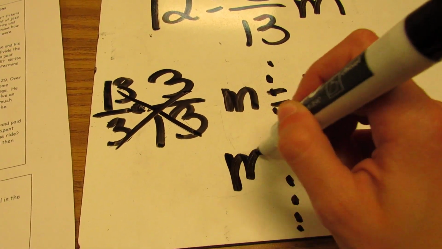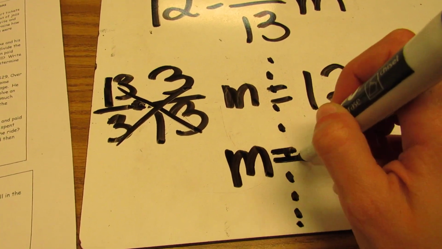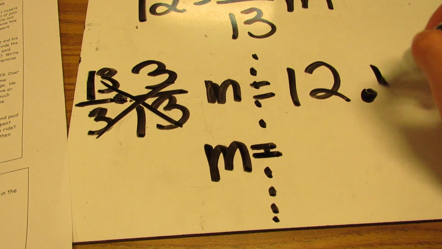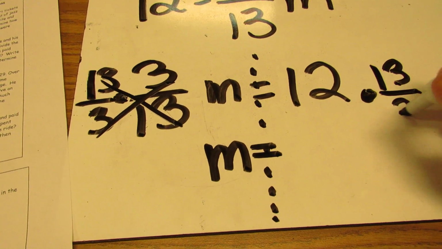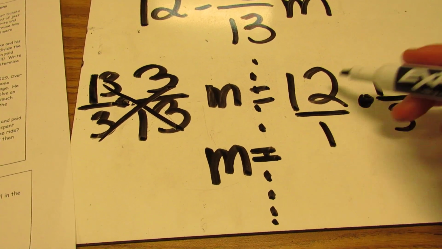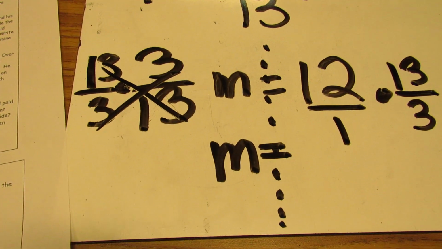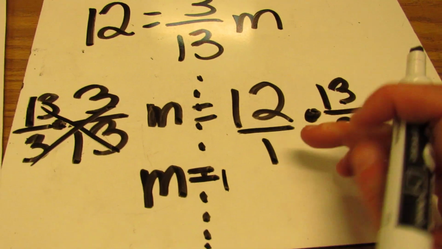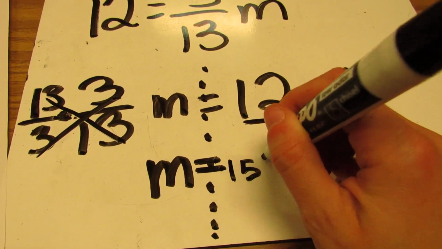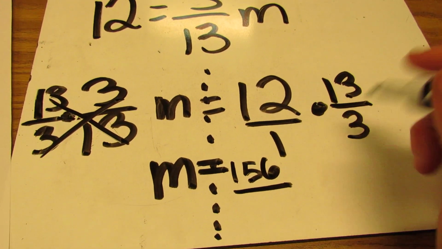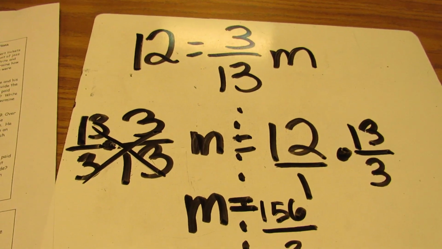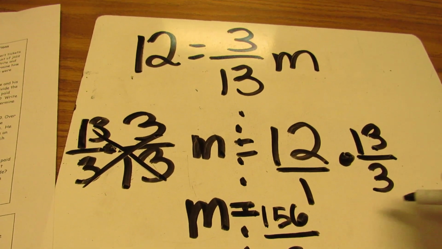I'll go ahead and solve this one since it kind of is novel. I need to multiply on this side as well by 13 over 3. 12 times 13 is 156. Oops, it's going to run into each other. Sorry, guys. And 1 times 3 gives me 3. If you simplify this improper fraction, you should get 52.